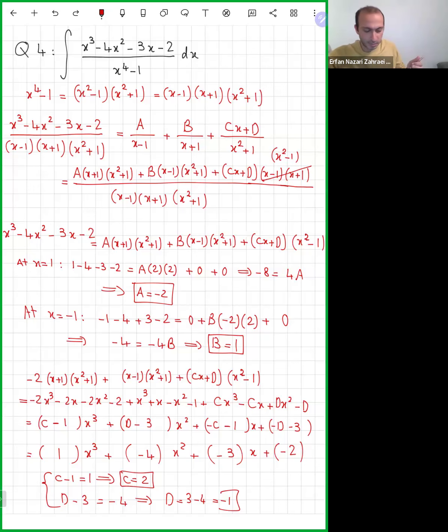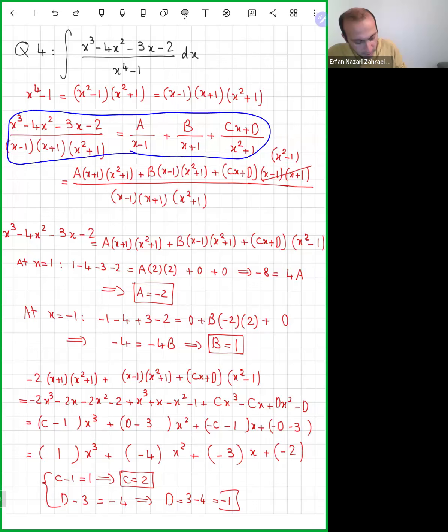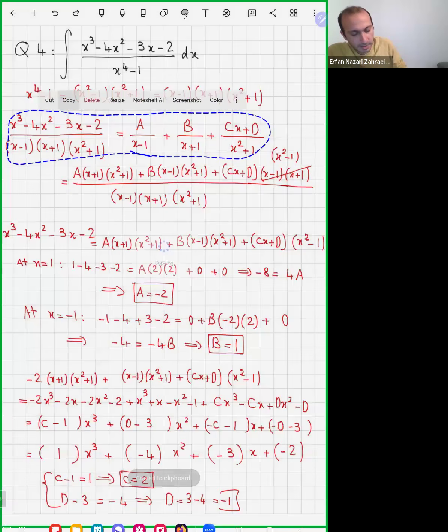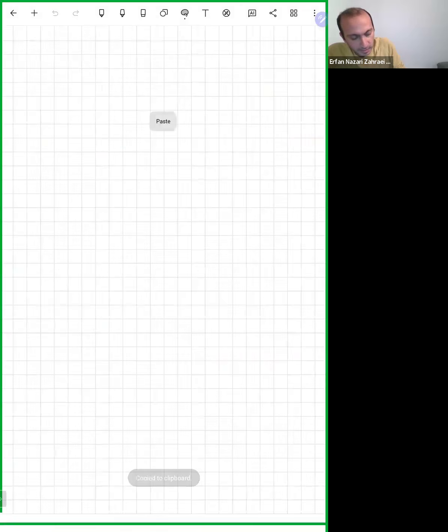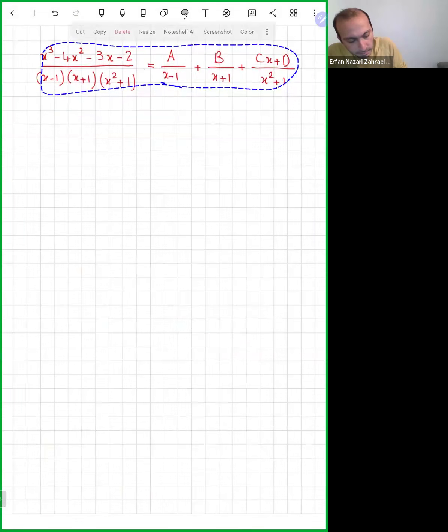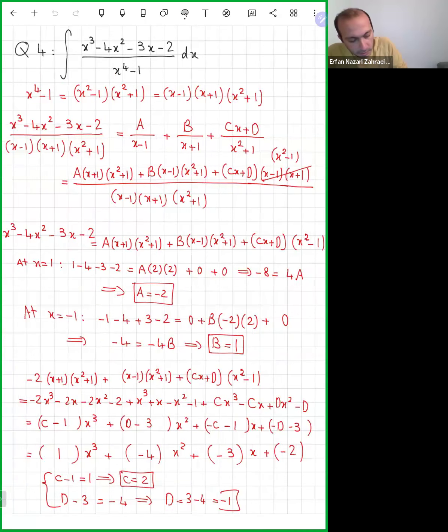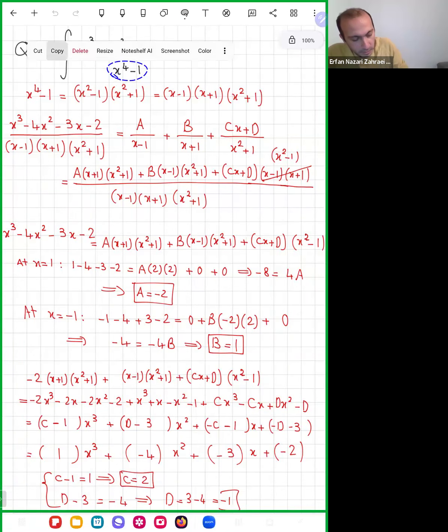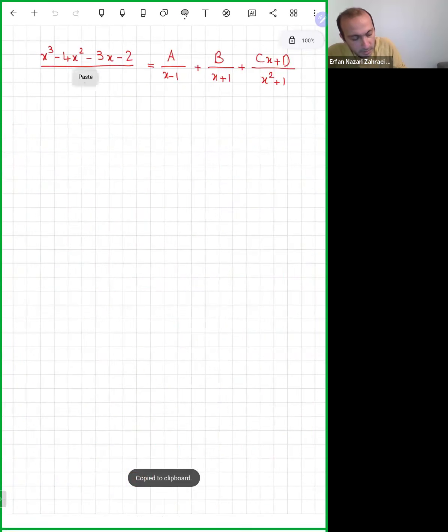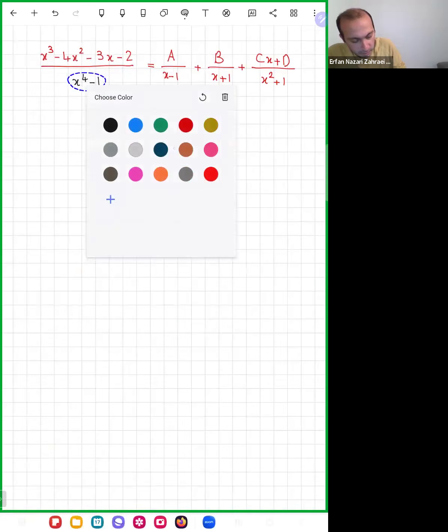Now that I have A, B, C, D, let me replace them in this partial fraction decomposition and start integrating. So the original denominator was x squared, x to the exponent 4 minus 1. Let me keep it like that.